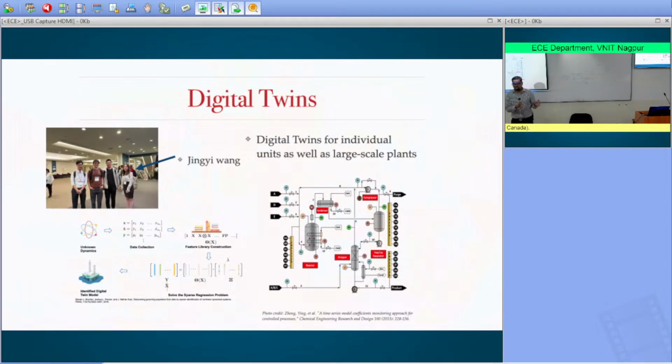You build a model once and it sits there. With a digital twin, there is this two-way interaction between the real system and the digital twin. The digital twin is supposed to represent every aspect of the real process exactly. Okay, so it's a true replica of your original process or network of processes.